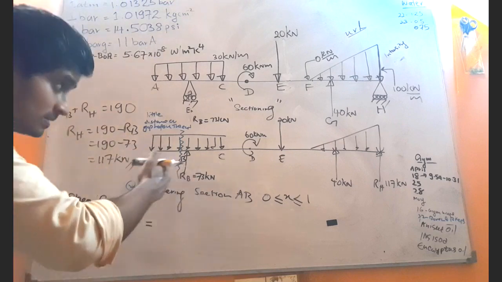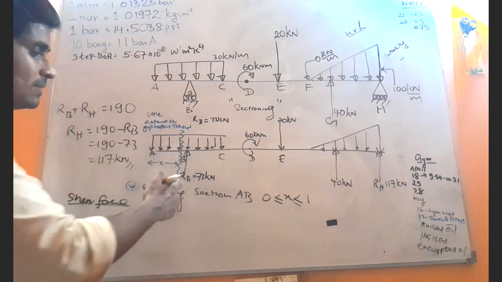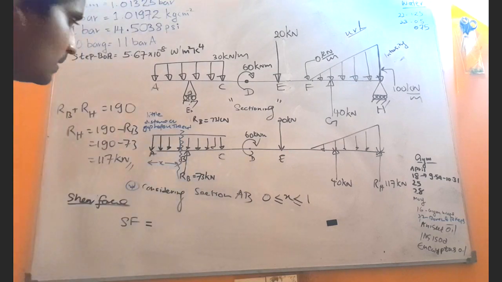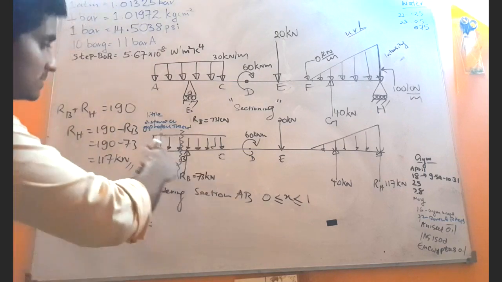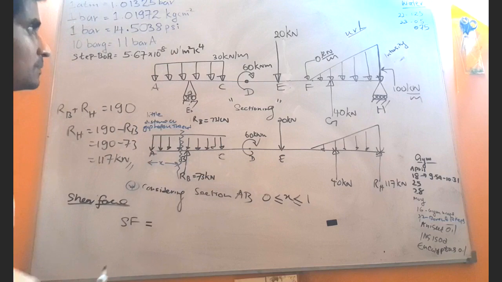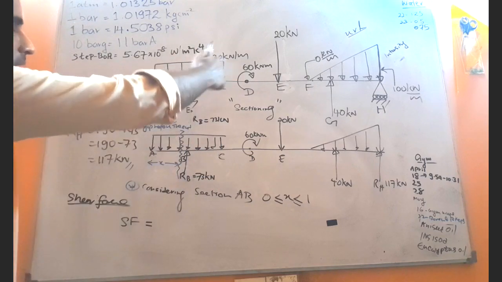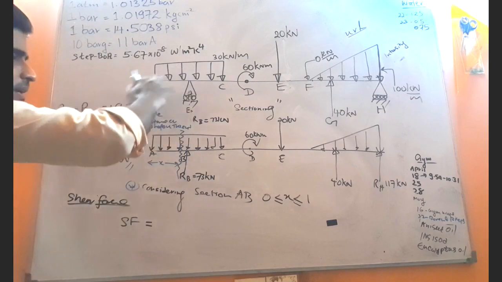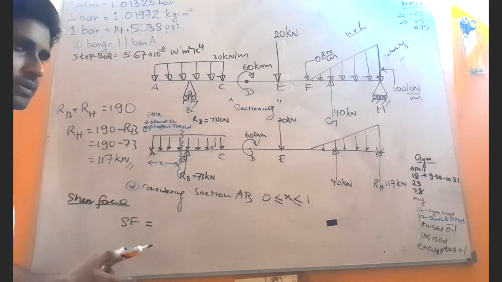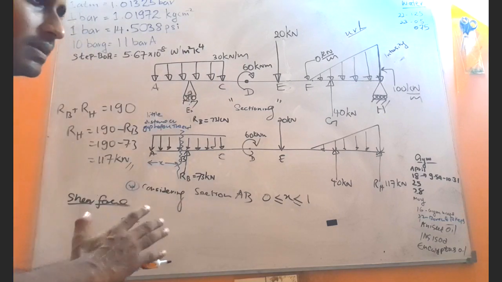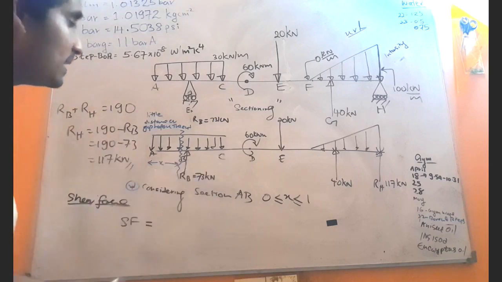Because we are going to stop the section a little bit before that, so we don't have this reaction. Careful, huh? The only thing we have is this 30 kilonewtons per meter distribution. The resultant of this distribution acts downwards, so it will never allow the left side to move upward, so it is negative shear.